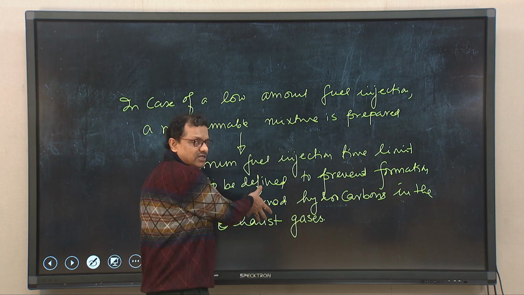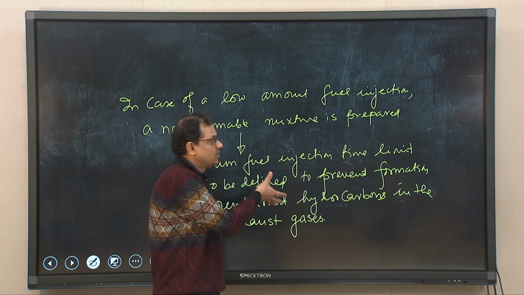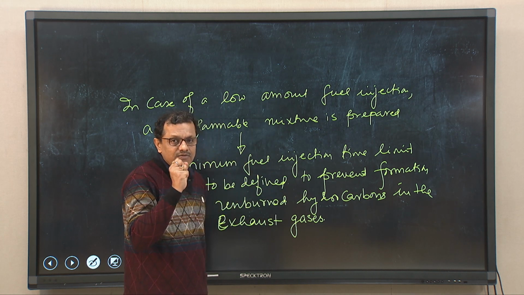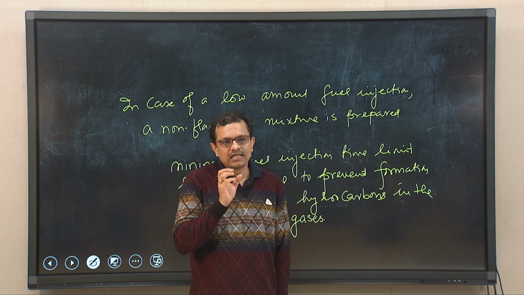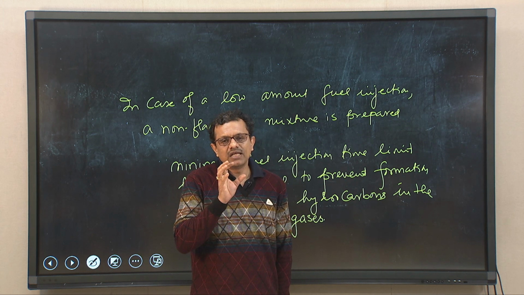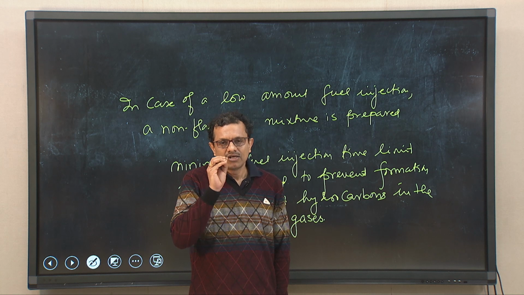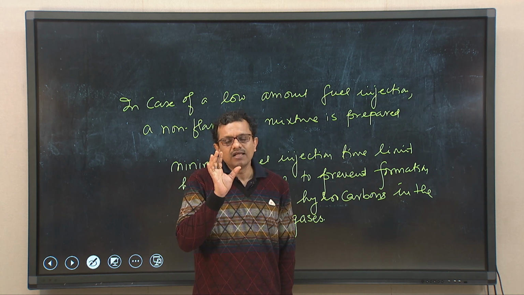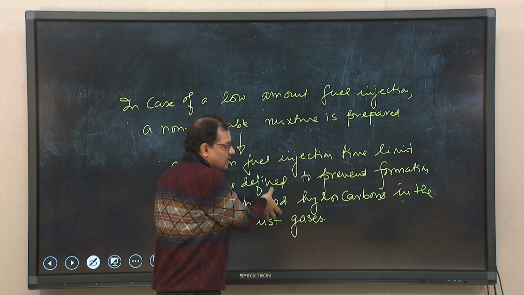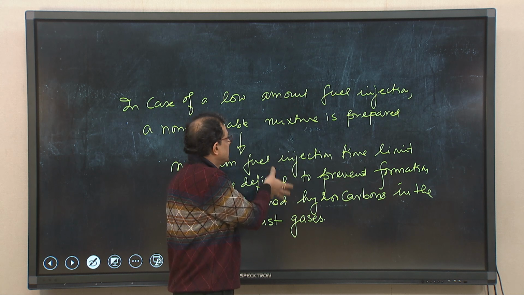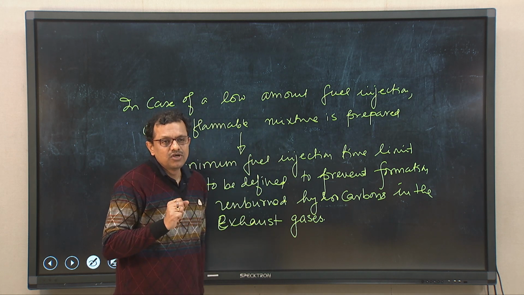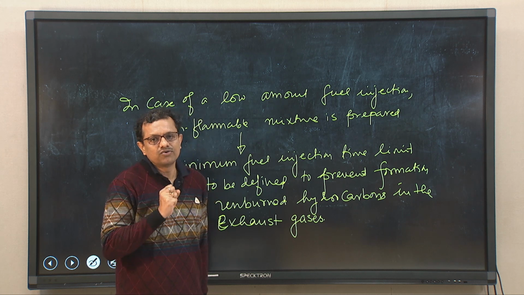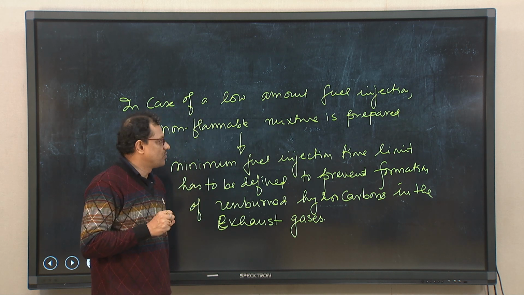So, essentially this part you know very well, that will increase the emission level. So, the question is, if the requirement of fuel by the engine for a particular condition is less, the ECU should be able to supply a metered quantity of fuel so as to prevent this undesirable phenomenon. So, that minimum time limit has to be defined by the ECU, so that the injector can supply a low amount of fuel if the situation demands.